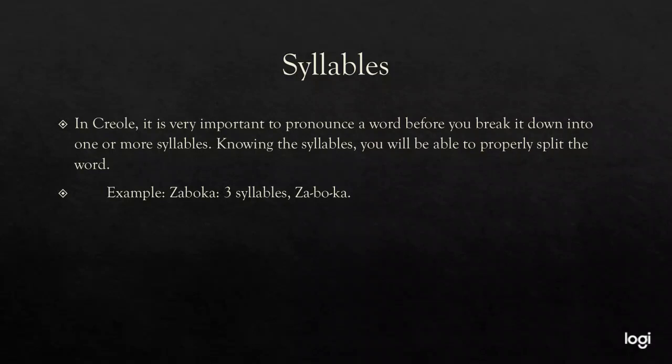In Creole, it is very important to pronounce a word before you break it down into one or more syllables. Knowing the syllables, you will be able to properly split the word. Many of you not only want to speak Creole, but also want to write it down, so it's very important to know all the syllables.